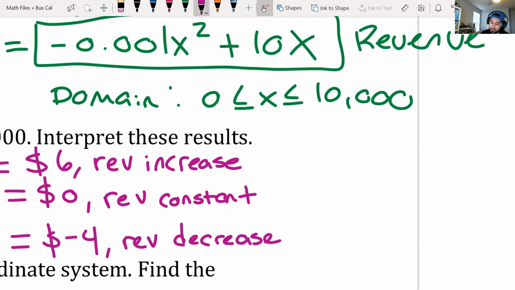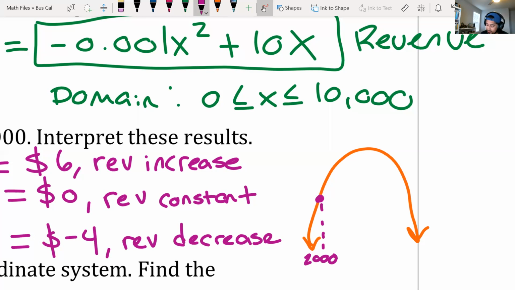And again, just to give a visual on what you're looking at: our revenue function is given by negative x squared plus 10x. X squared is the graph of a parabola, and negative x squared means our parabola opens down. So what we have found is the slope at exactly these x values. The first one was at 2,000 headsets, and we found that the revenue was increasing by $6. That's the slope at that point.